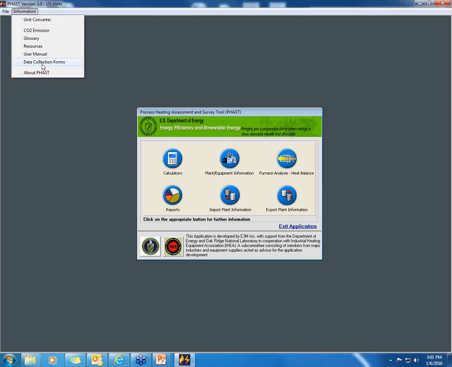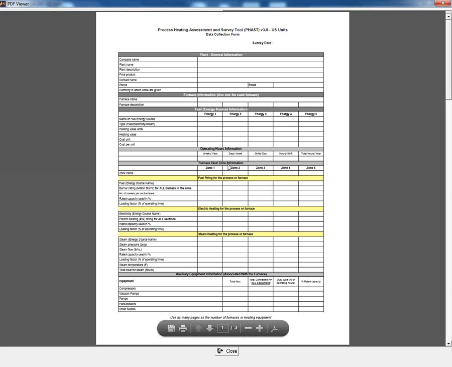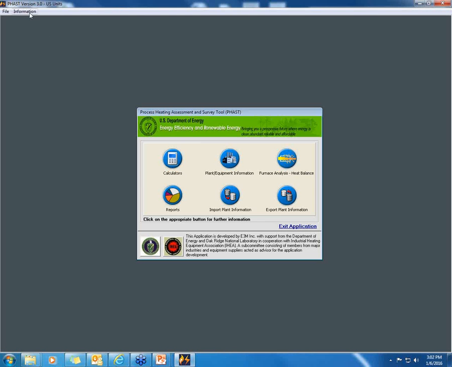So before you go out in the plant to collect data specific to different furnaces, you can print the data collection form and take it with you, because whatever data you collect using this form is the same data used inside the FAST tool to do heat balance analysis. So we're trying to make things easy for you.